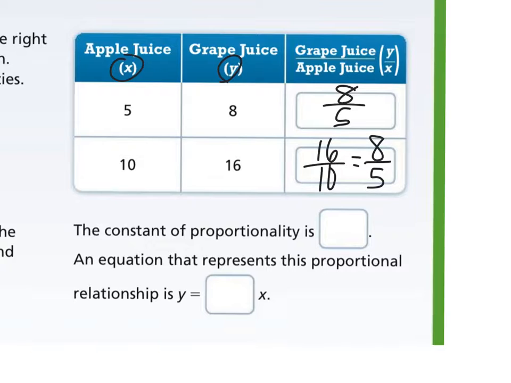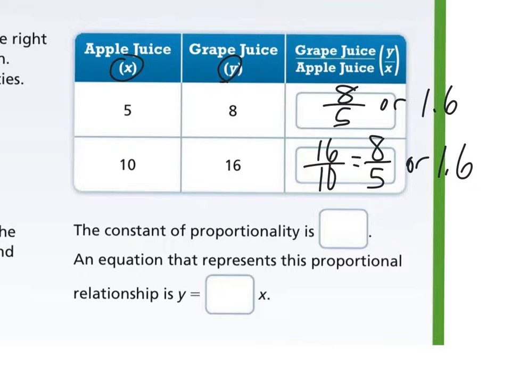It's probably not a bad choice either in these situations. So if you divide 8 by 5, you'll get 1 6/10. Okay? Notice those both come out the same, so we know it's proportional. So what that tells us is our punch is going to taste the same pretty much, right? We have the same proportion of apple juice to grape juice, or grape juice to apple juice.